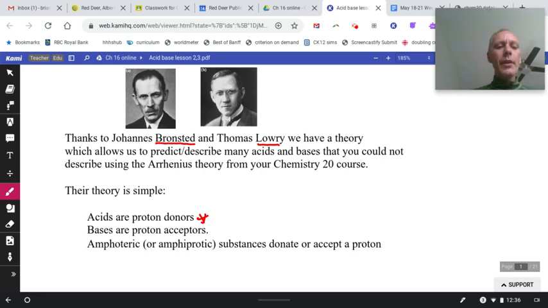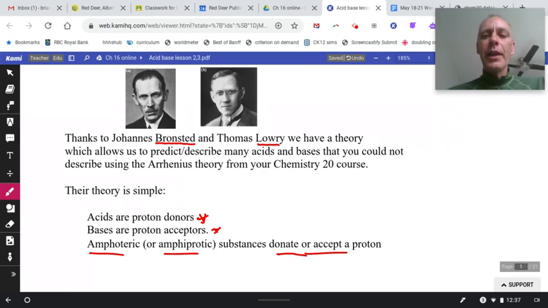Okay. So acids are proton donors, bases are proton acceptors, and amphoteric, or you'll see the term amphiprotic, are chemicals that can act as both an acid and a base. They can donate or accept a proton. That's kind of like in redox chemistry when we had multivalent metals, and those metals could gain or lose an electron, so they could be an oxidizing or reducing agent.